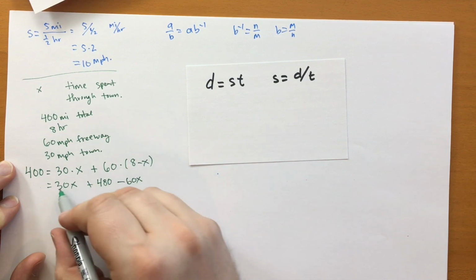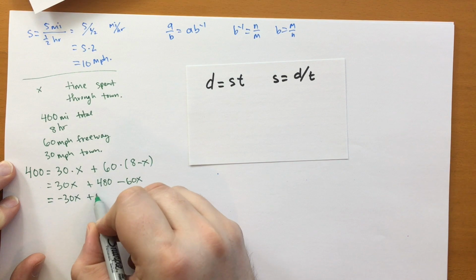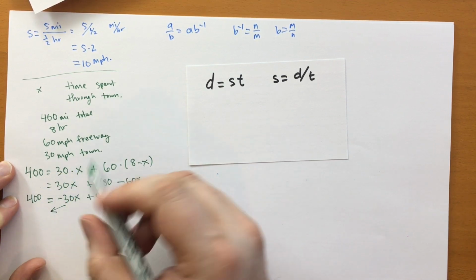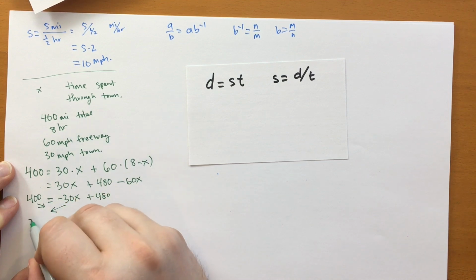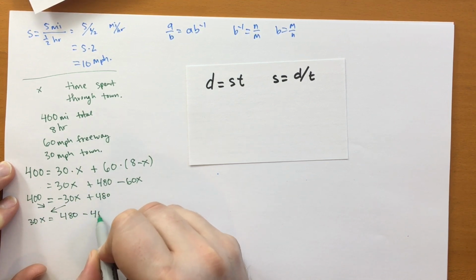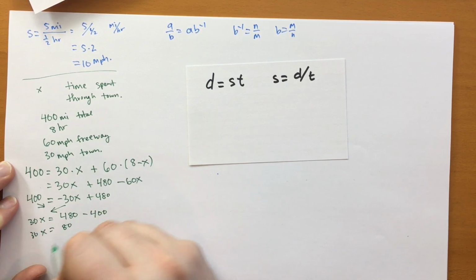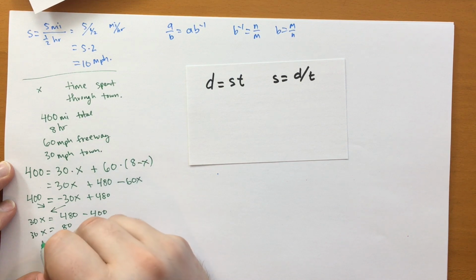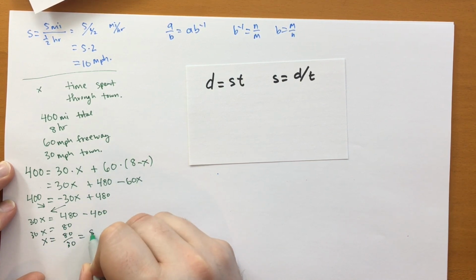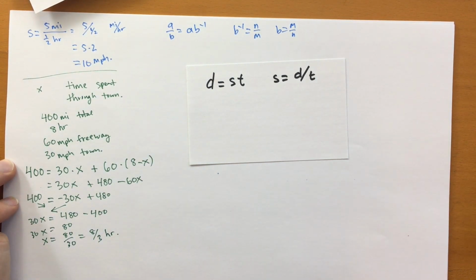Combining 30X and minus 60X, we get minus 30X plus 480 is equal to 400. Moving terms, we get 30X equals 480 minus 400, so 30X is equal to 80. Using cross multiplication in reverse, X equals 80 over 30. So we get 8/3 of an hour. That's how long you spent in town.